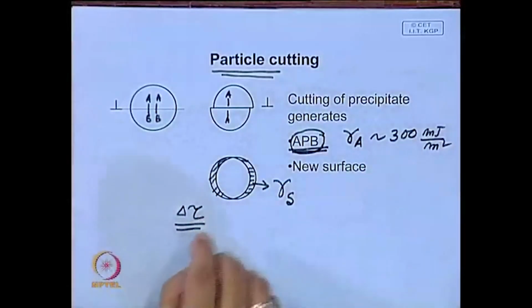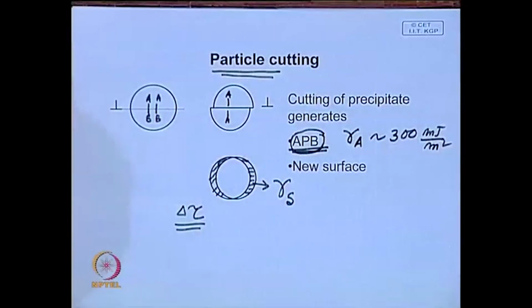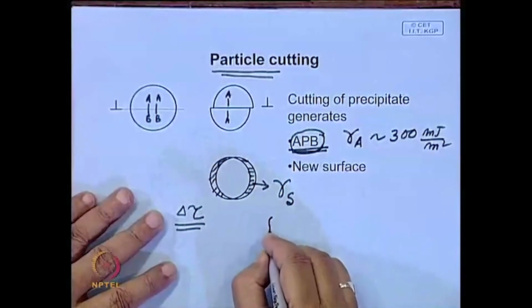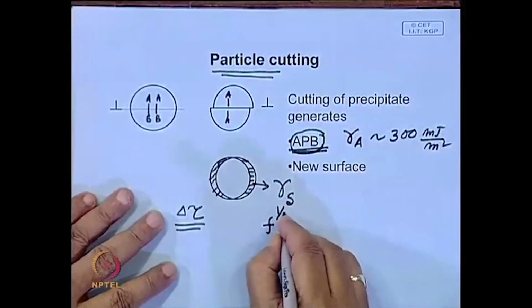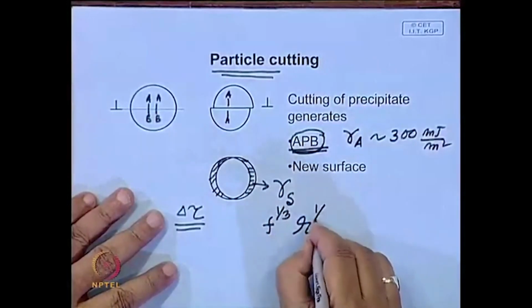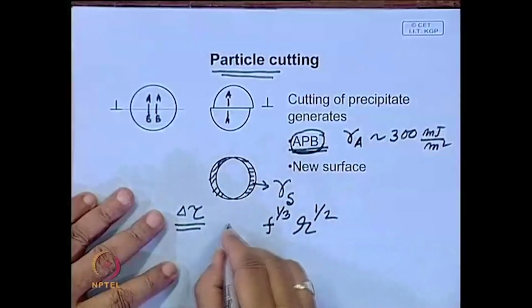If you calculate it with a little more rigorous calculation including the antiphase domain boundary, essentially it shows that delta tau is proportional to f to the power 1/3 and r to the power half.